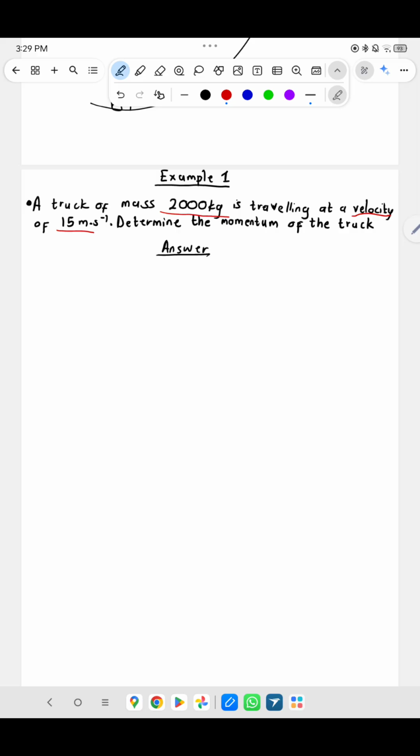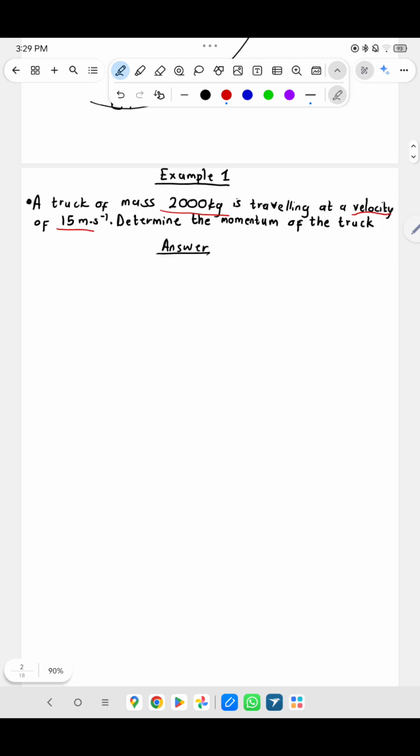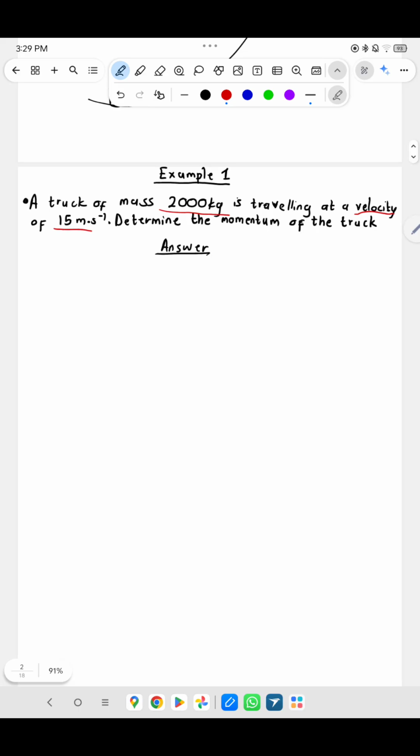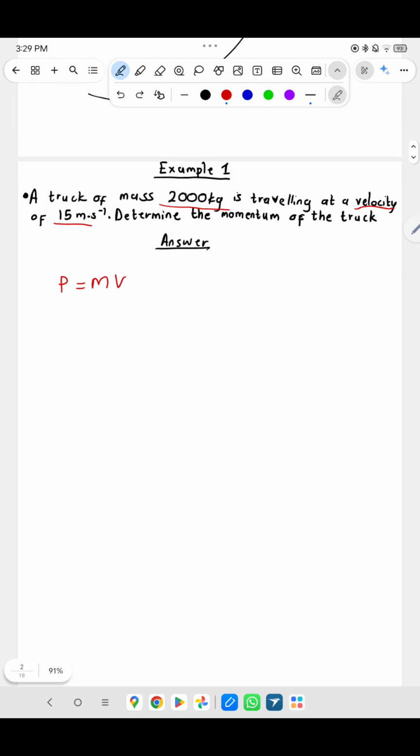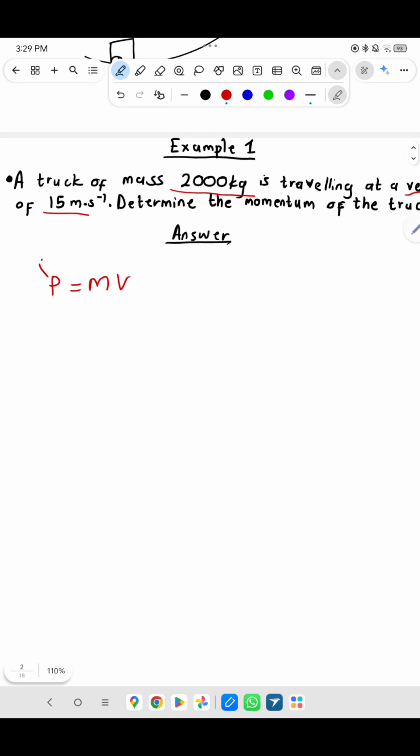Now they say determine the momentum of the truck. So you go to the formula of momentum, which is P is equal to mv. P is the momentum, and we want the momentum.